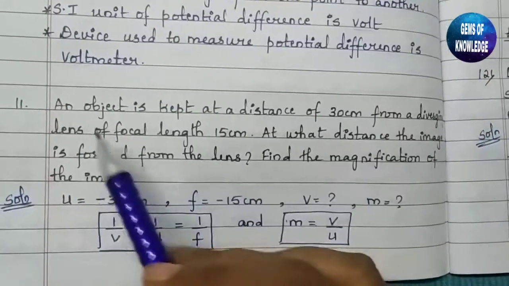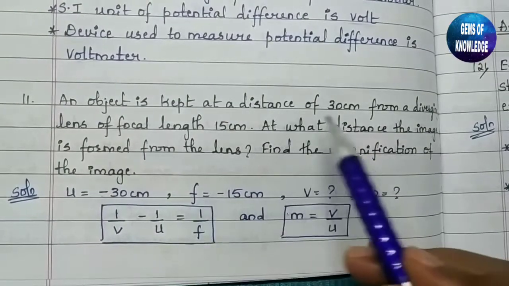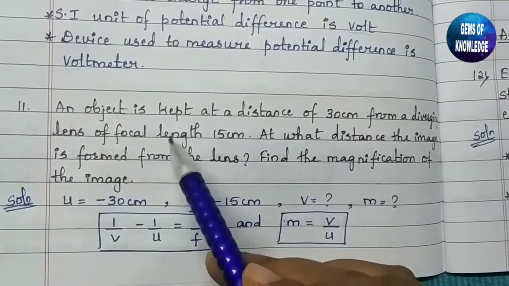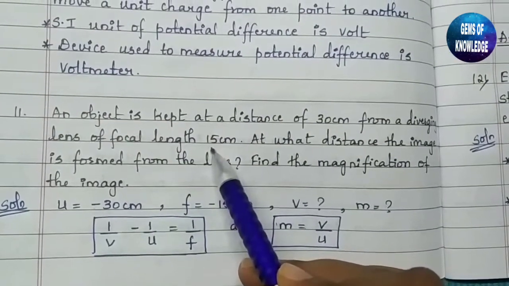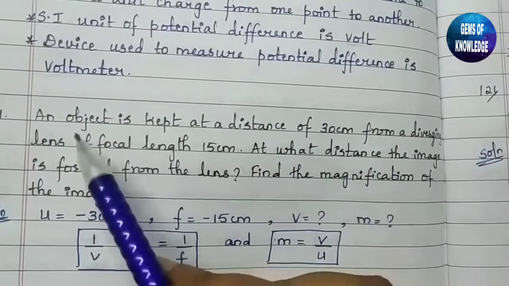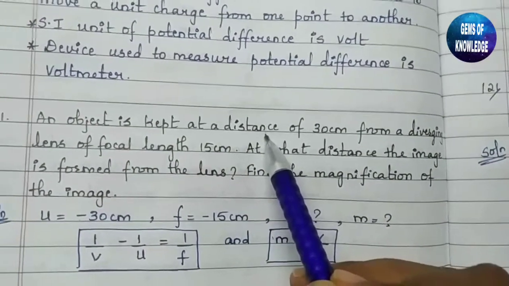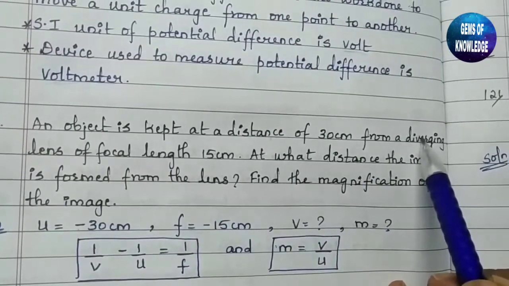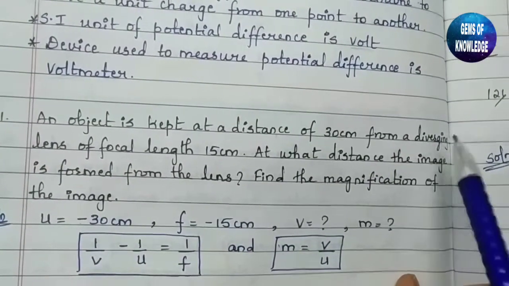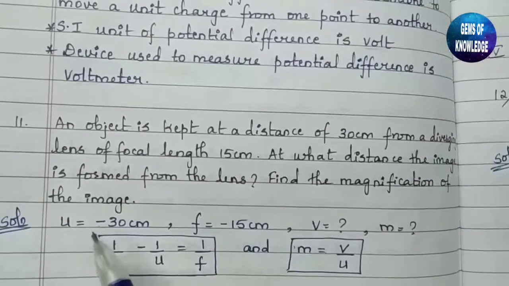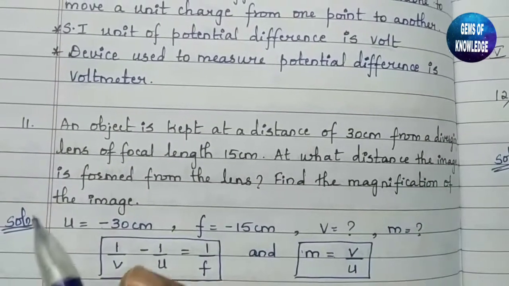Then next you can see an object is kept at a distance of 30 cm from a diverging lens of focal length 15 centimeter. Here the object distance is given as 30 centimeter from a diverging lens. A diverging lens here is nothing but the concave lens, where you get a virtual and erect image.